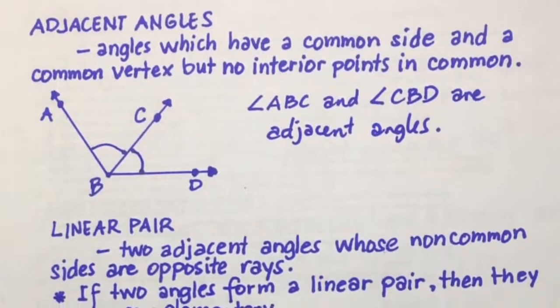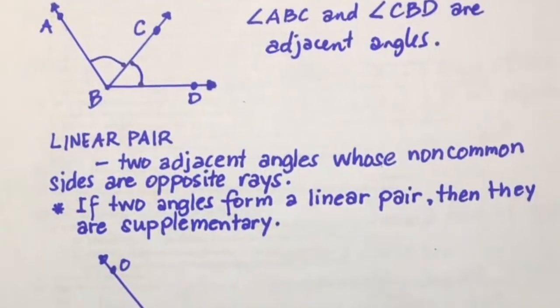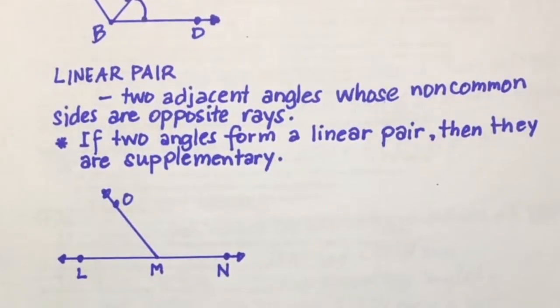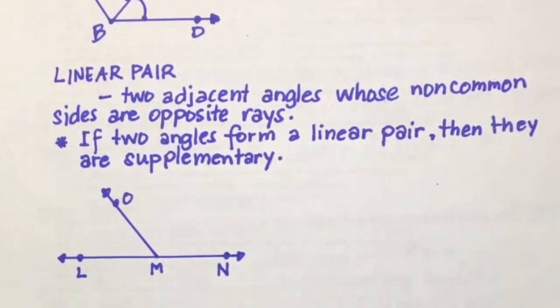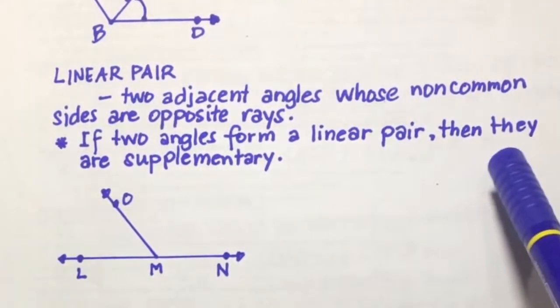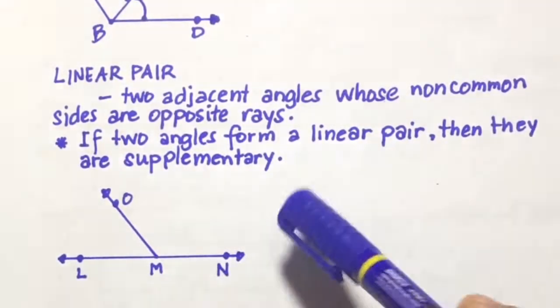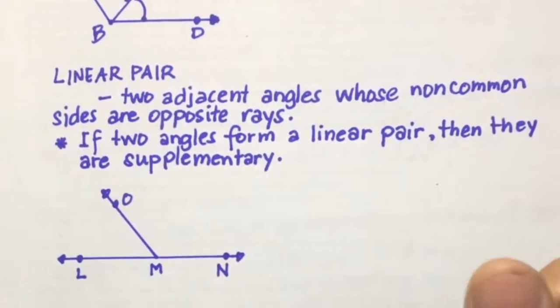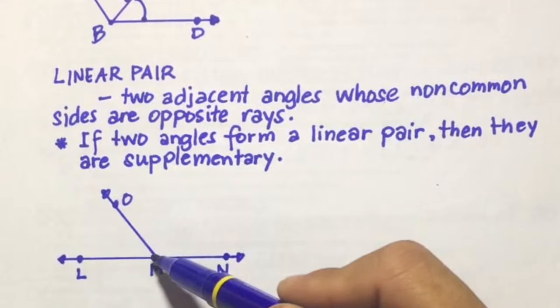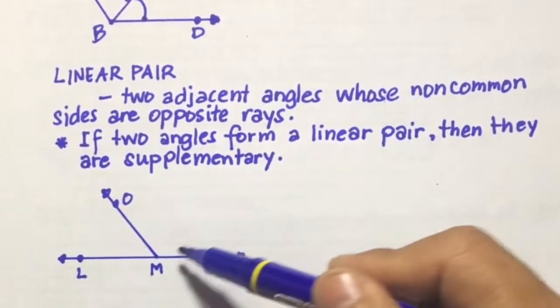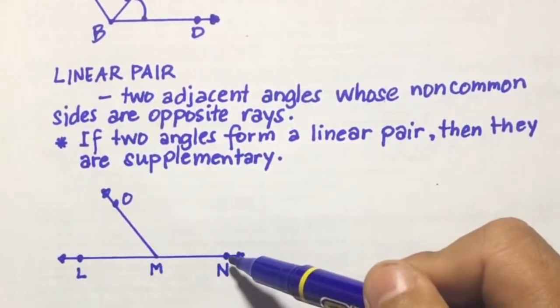Then we have what we call a linear pair. A linear pair is two adjacent angles whose non-common sides are opposite rays. If two angles form a linear pair, then they are supplementary. So in this figure, the opposite rays are ray ML and ray MN.